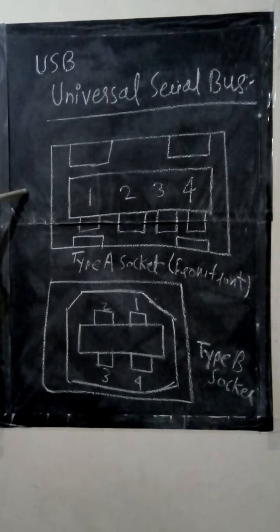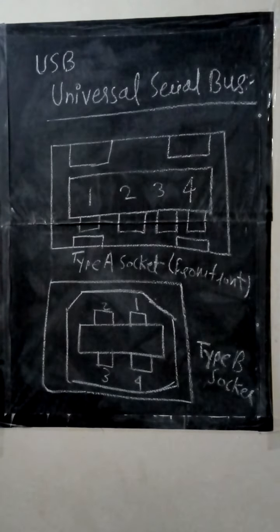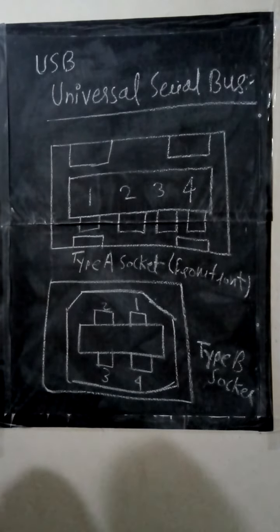Then devices that require extra power in small amounts can draw power through a USB port. These are the several advantages of universal serial bus. So this is about the USB.